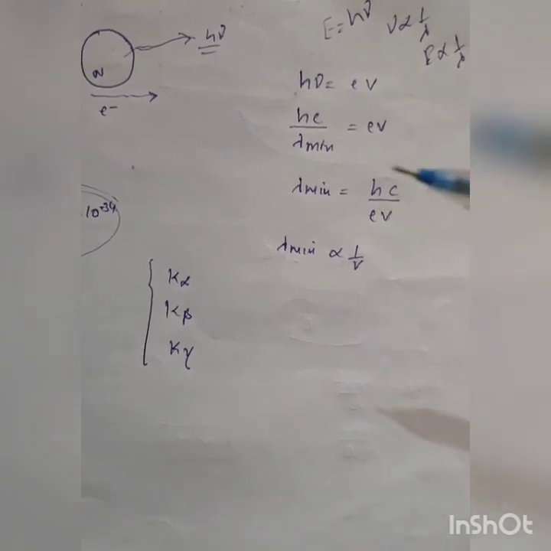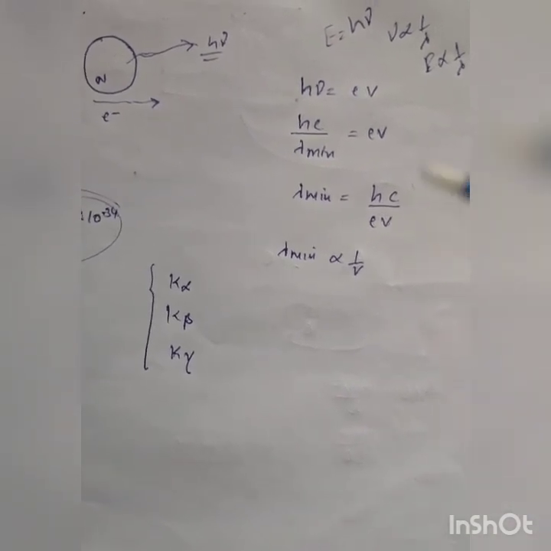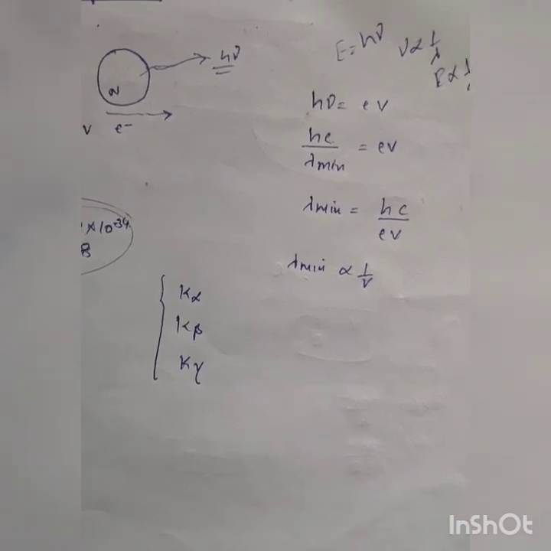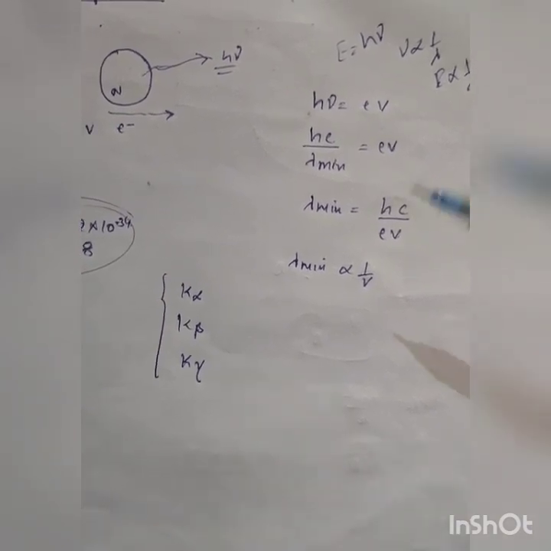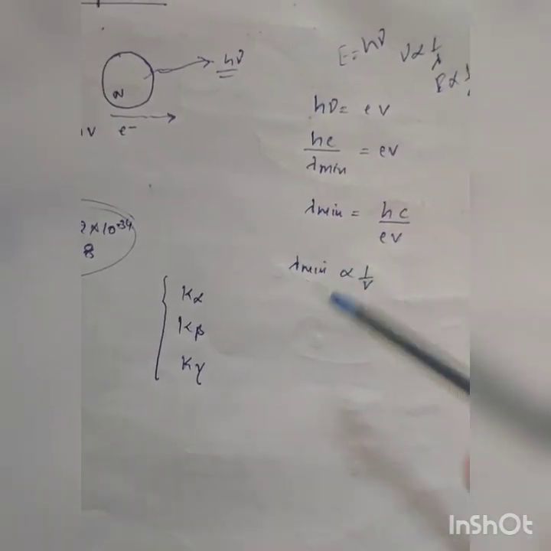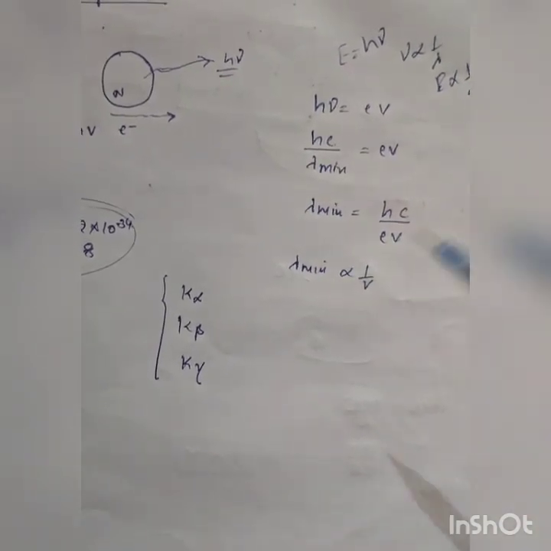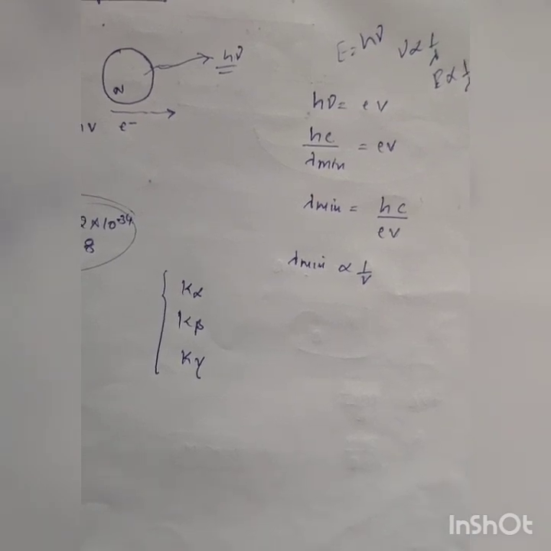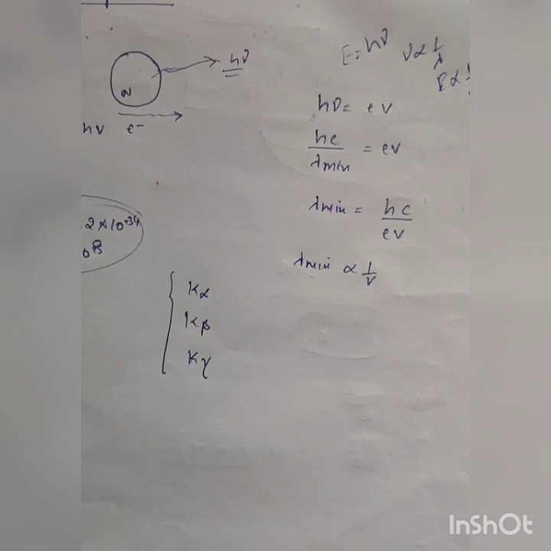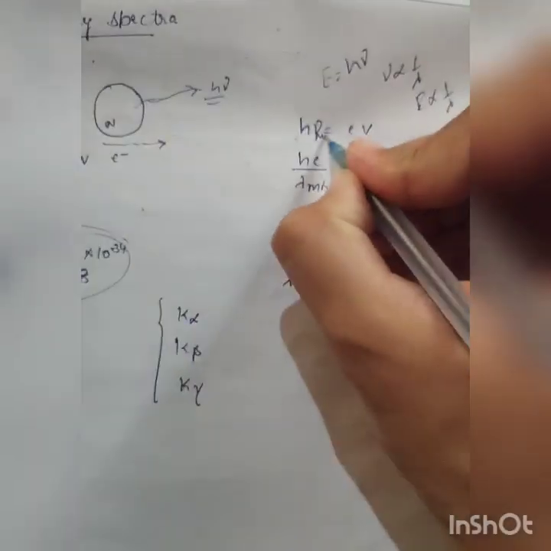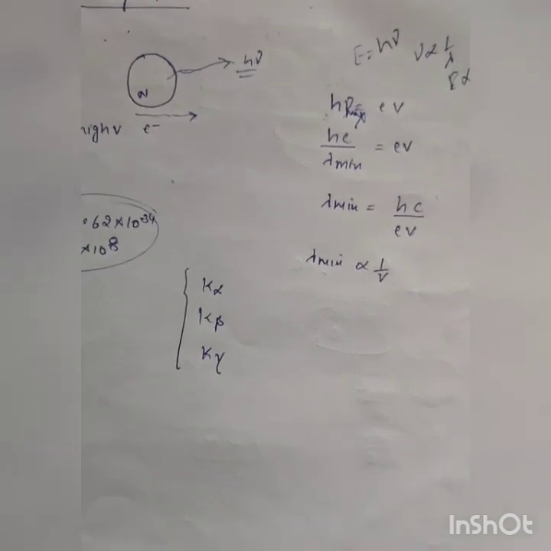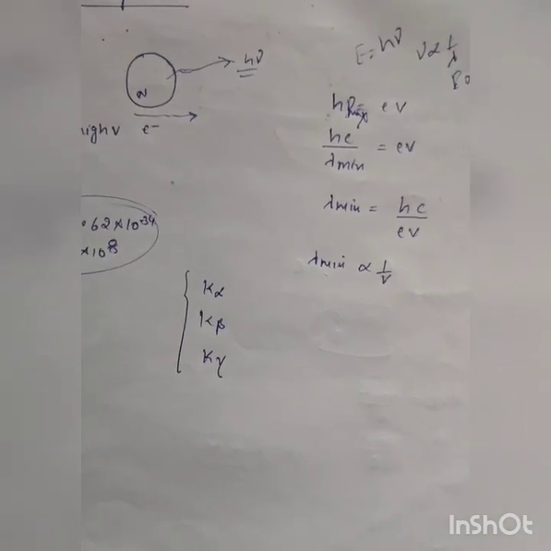The minimum wavelength limit of X-ray produced can be obtained from the condition that the maximum energy, that is h nu maximum, of the X-ray photon can be equal to the kinetic energy of the electron. This is for the maximum energy; frequency will also be maximum and wavelength will be minimum.